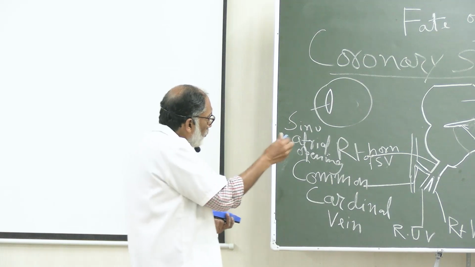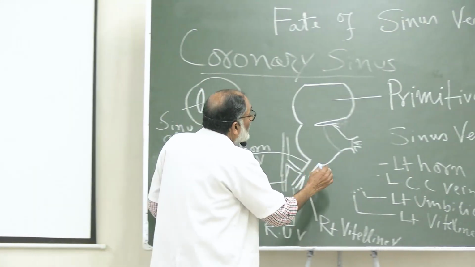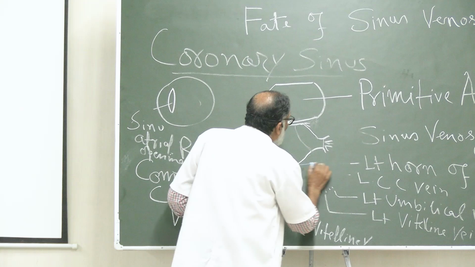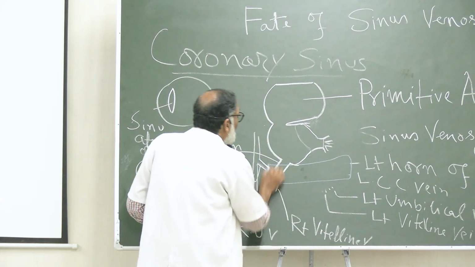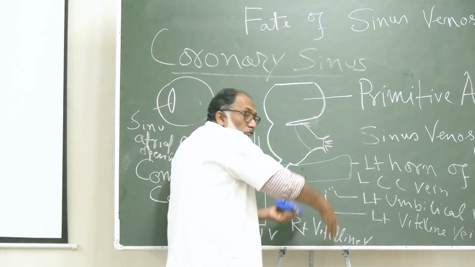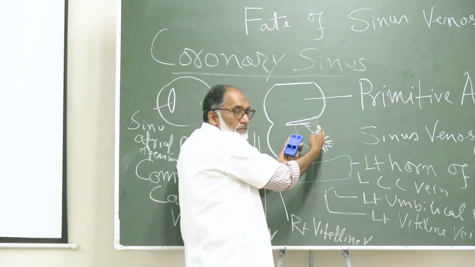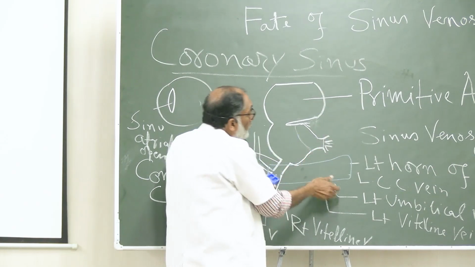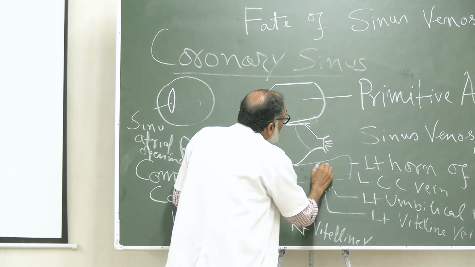But here I have already told you, at this portion lies the septum transversum. And all these structures actually come here after passing through septum transversum. So within the septum transversum, liver develops.